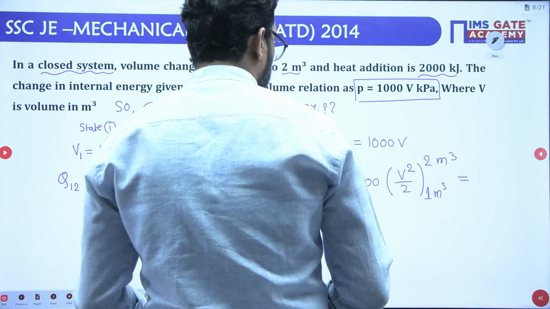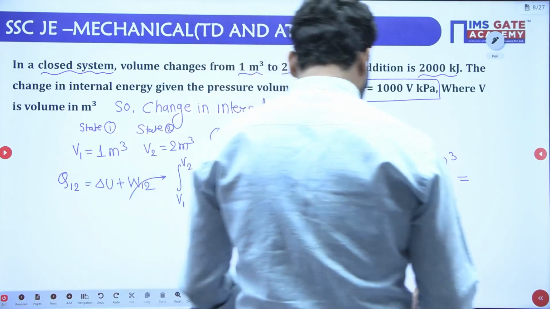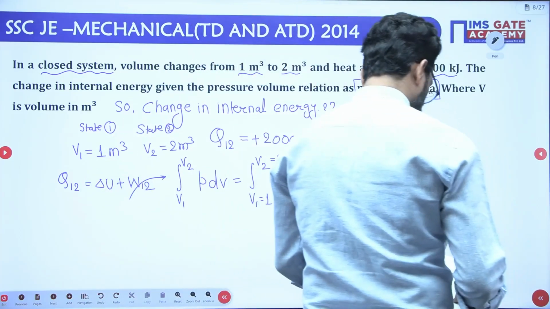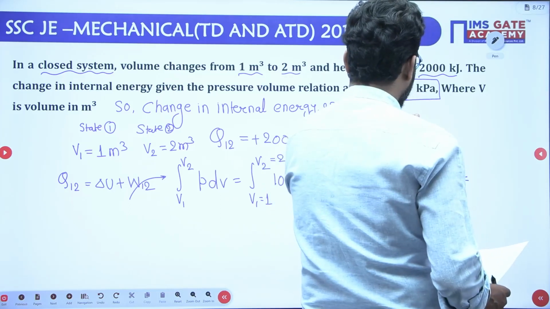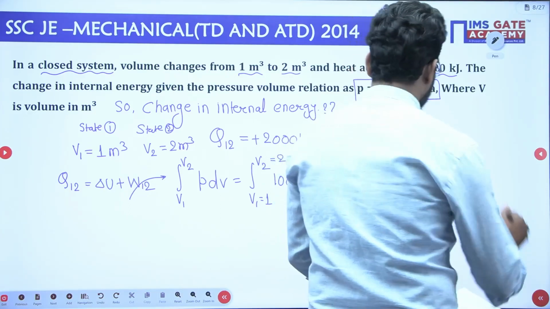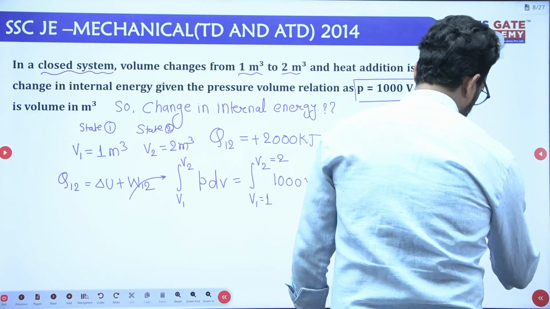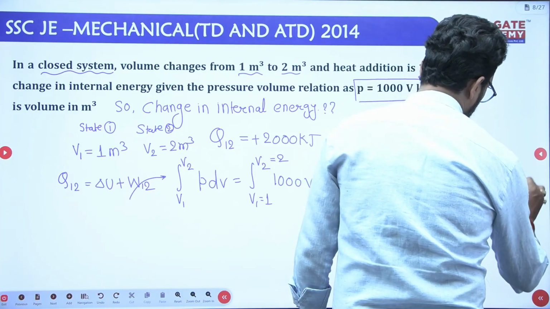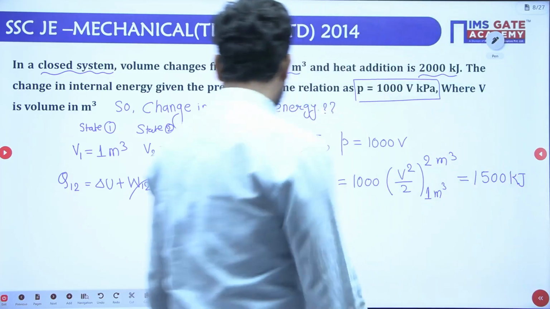If you solve 4 minus 1, this is 1500 kilojoule. Work is your 1500 kilojoule.